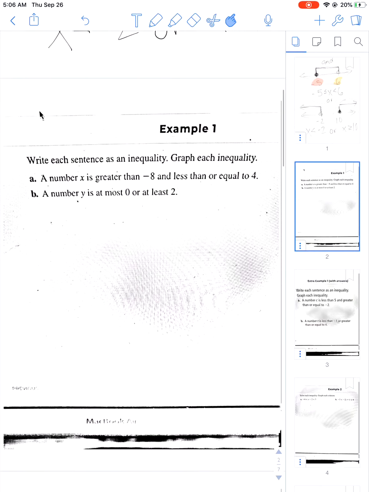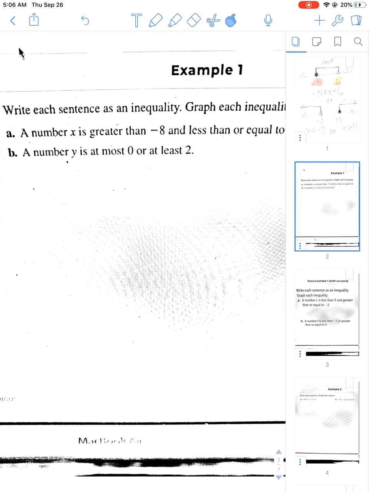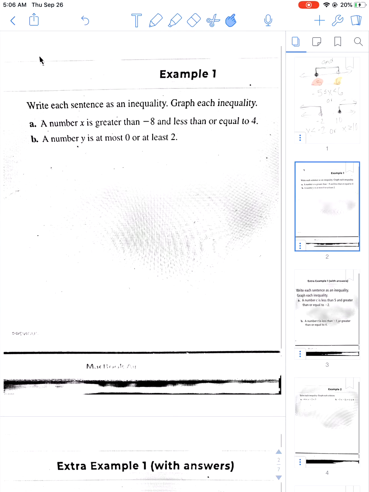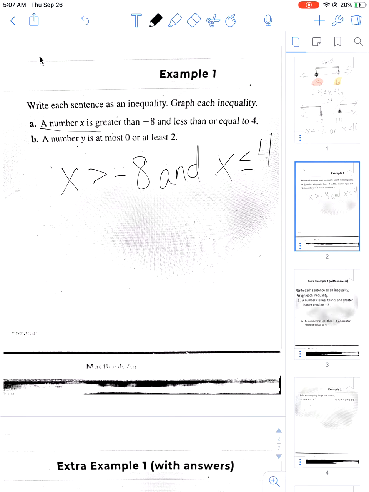Okay, let's look at how to write some of these. A number x is greater than -8, and x is less than or equal to 4. So let's see. How would we write that?